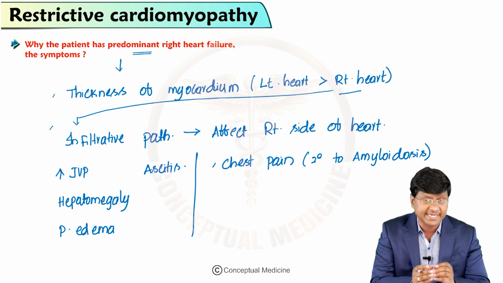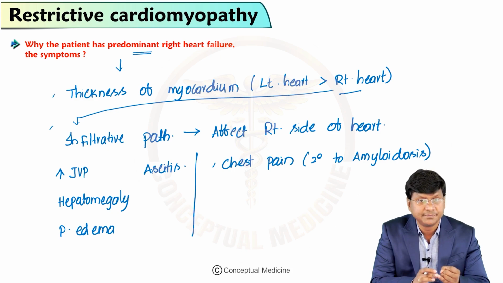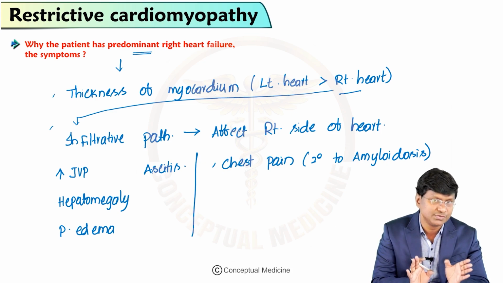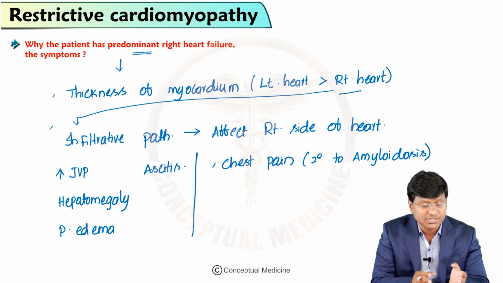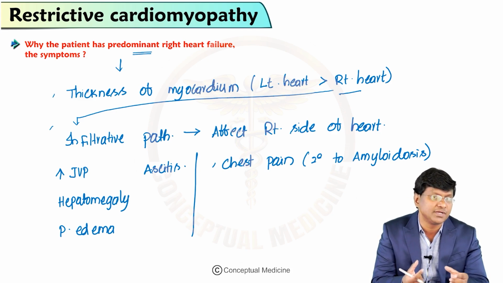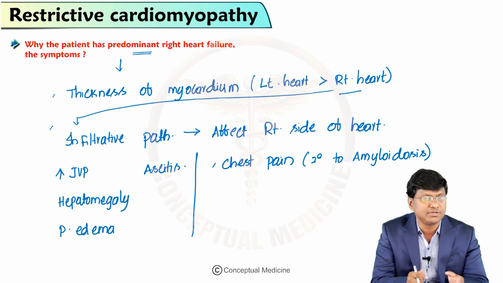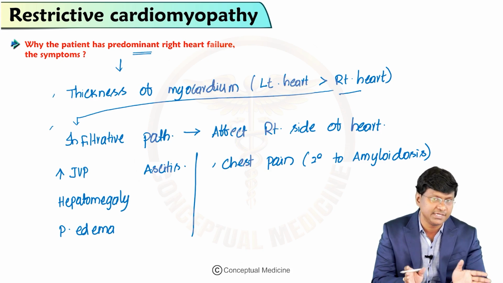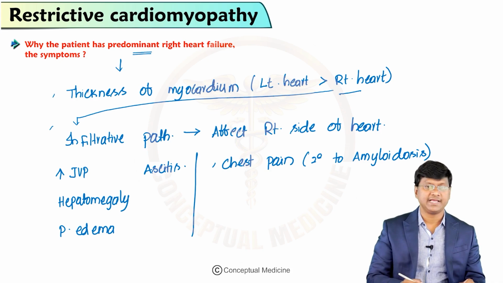Chest pain secondary to angina, or chest pain mimicking myocardial ischemia, is primarily seen in patients with amyloidosis. And why is that? Because of the accumulation of amyloid material within the myocardium, compression of the coronary arteries can occur. Once there is compression of these coronary arteries, the blood supply to the myocardium is reduced, resulting in myocardial ischemia, and thereby the individual will have chest pain.